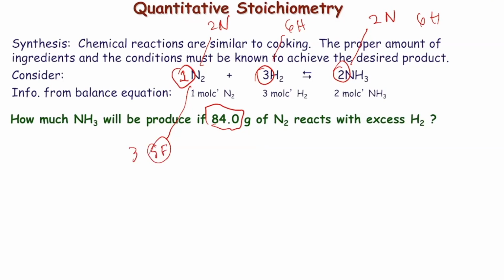Your final answer better have 3 sig figs. If you ever want to know how many significant figures should I round off my final answer, go back to the question. Look at all the numbers. Find the one with the fewest significant figures. That's the number of significant figures that your answer should be rounded off to, because that's the data that you're given, okay? It's not rocket science.